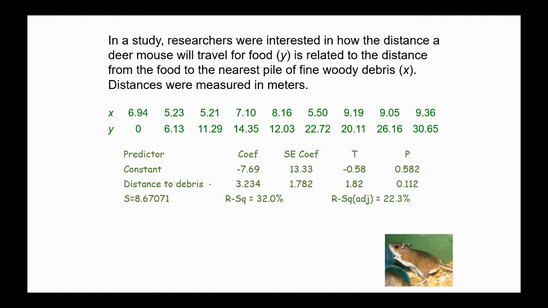So from this output, this is where we left off yesterday, how to read the output. This first piece where it says constant and then the coefficient is negative 7.69, that's our y-intercept.